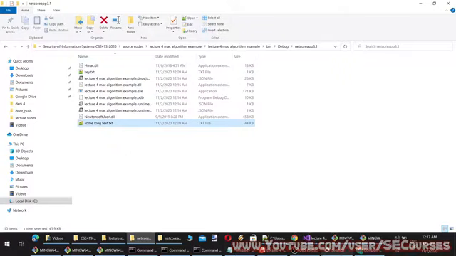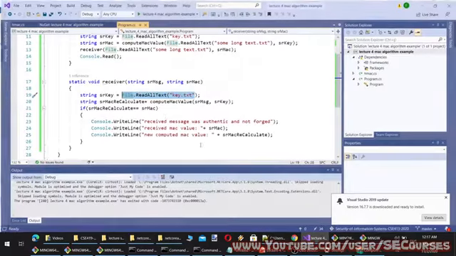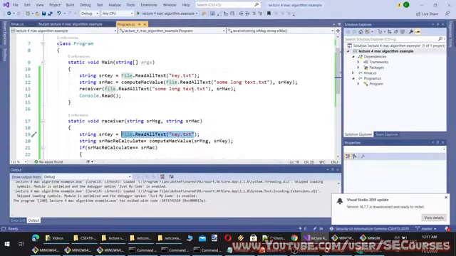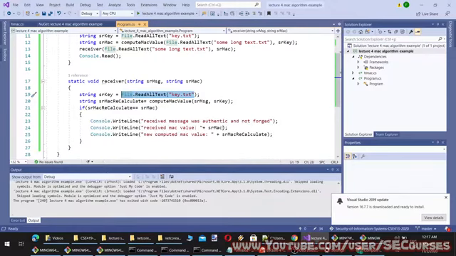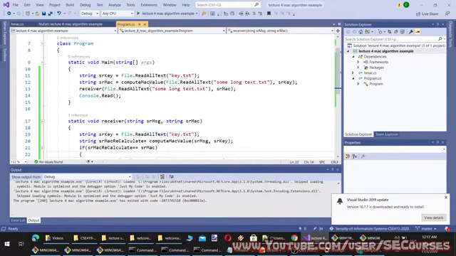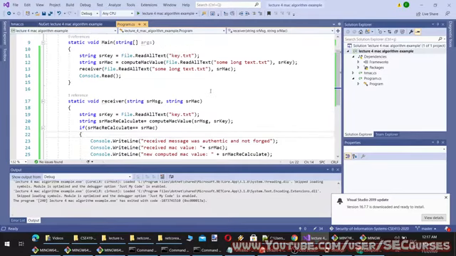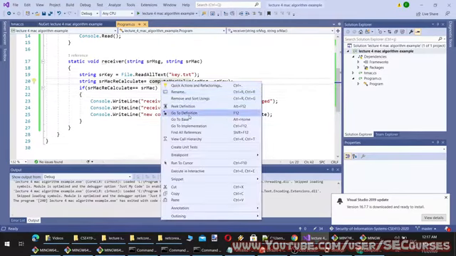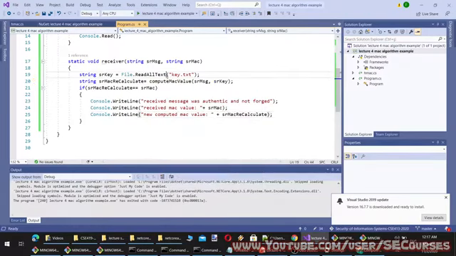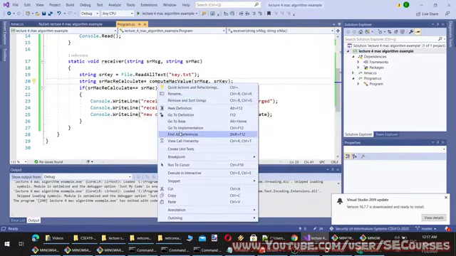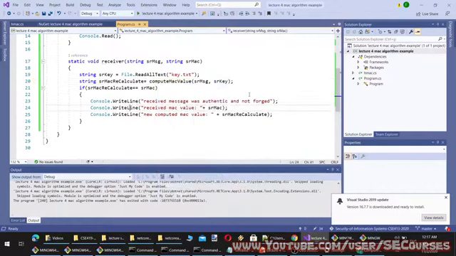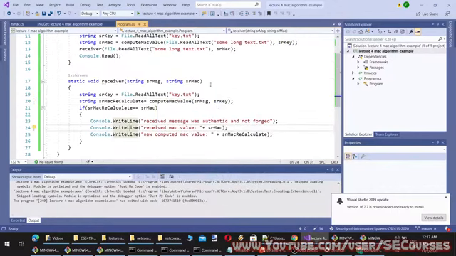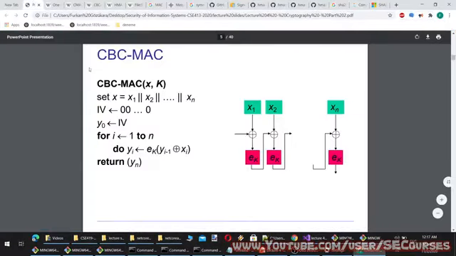And since collisions are almost impossible in the SHA-256 algorithm, it is impossible to change the message without breaking the MAC and without knowing the secret key. Okay, so this would be pretty authentic.